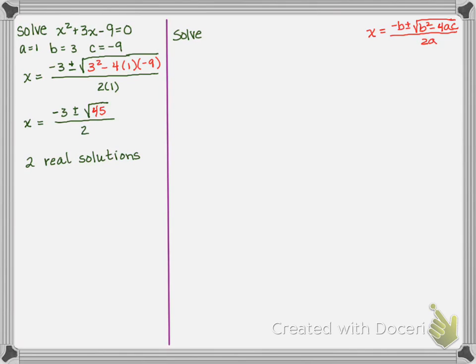So let's do 5x squared plus 2x plus 8 equals 0. So a is 5, b is 2, and c is 8.